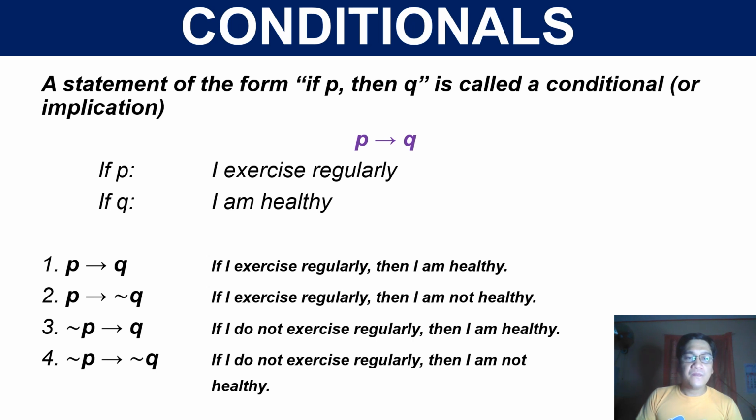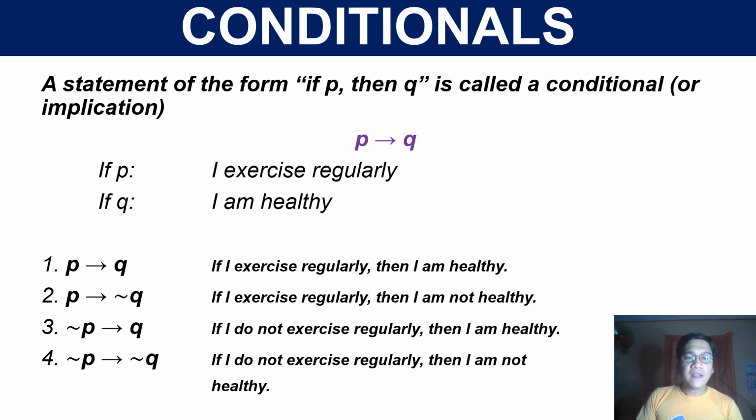Next, number two, P implies negate Q. If I exercise regularly, then I am not healthy. Next, number three, negate P implies Q. If I do not exercise regularly, then I am healthy.